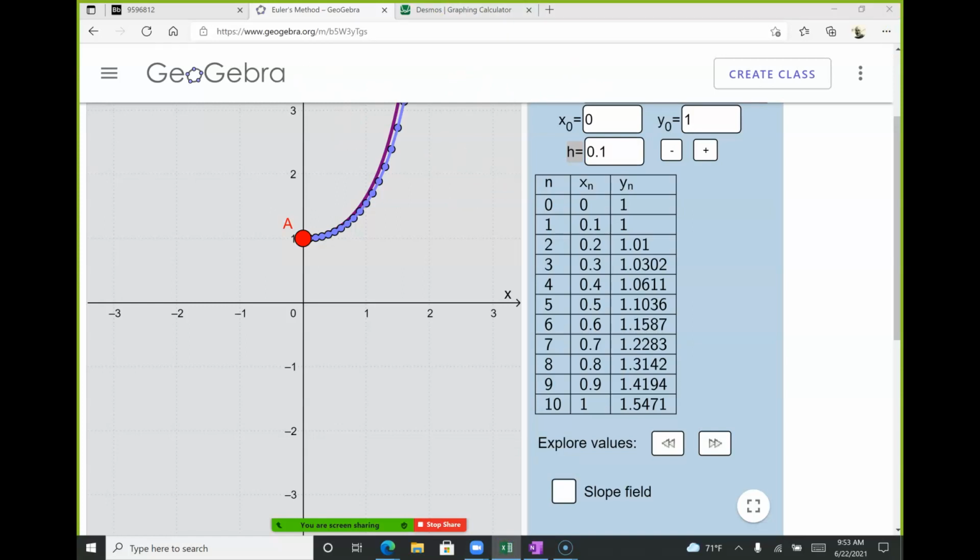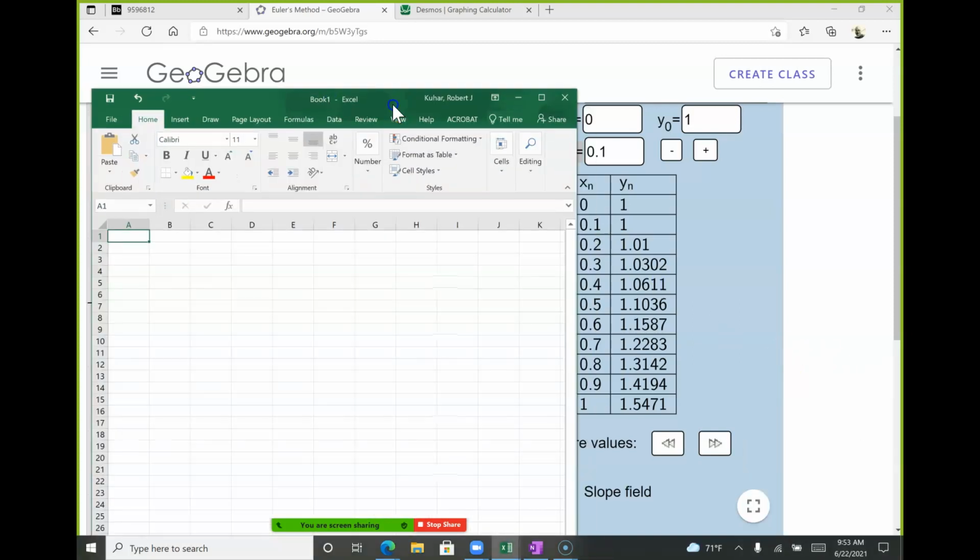If you can open Excel and do this with me, it will help. You need to do it in your homework. I'm just grabbing a blank Excel page.